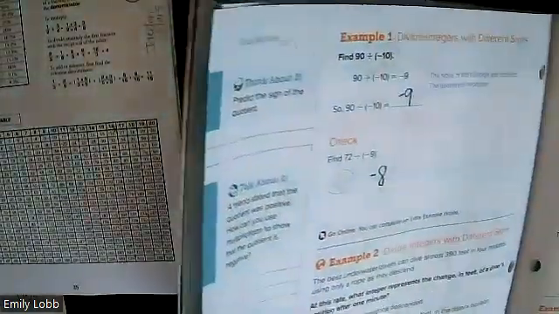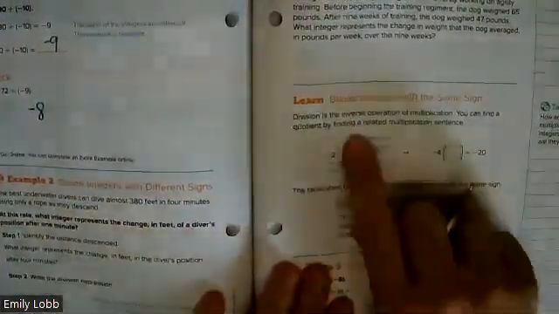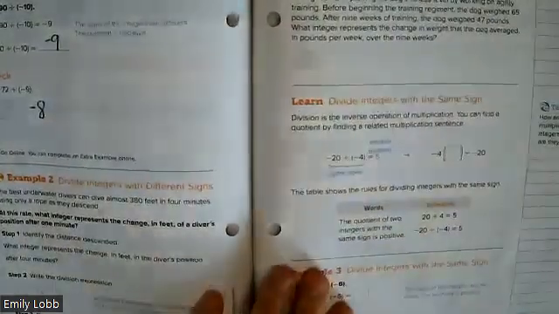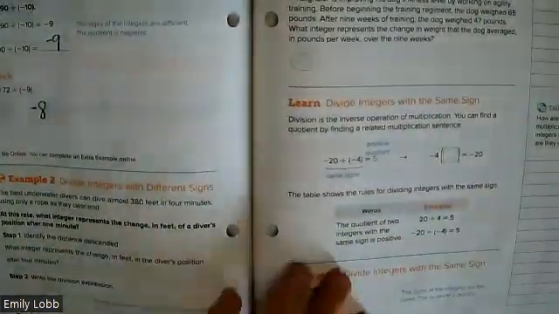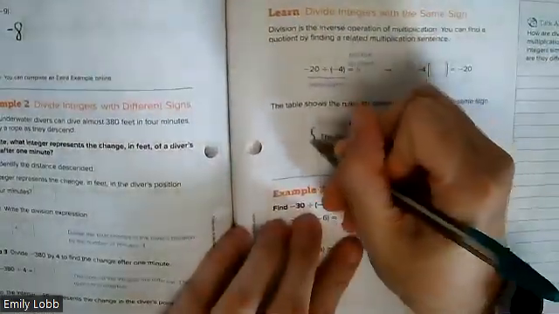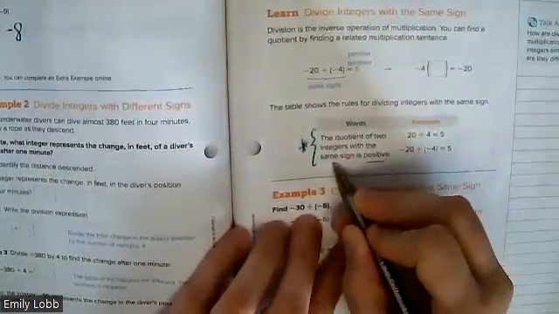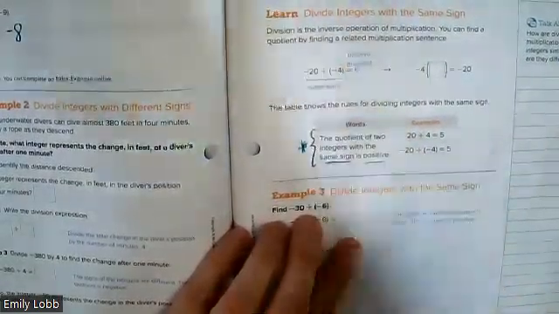All right, now I want you to jump ahead to page 161, dividing integers with the same signs. We know from multiplication that when our signs are the same, our answer is positive. Same sign is positive.